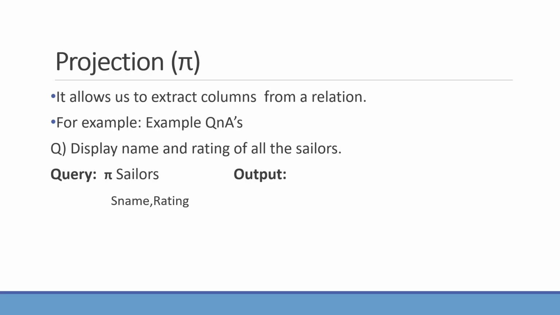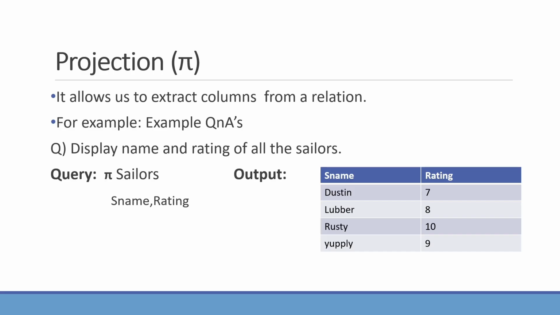So you get a table as an output displaying SName and rating: Dustin, Lubber, Rusty, Yuppie with ratings 7, 8, 9, 10, 9. This gives the output for the projection for the given question.